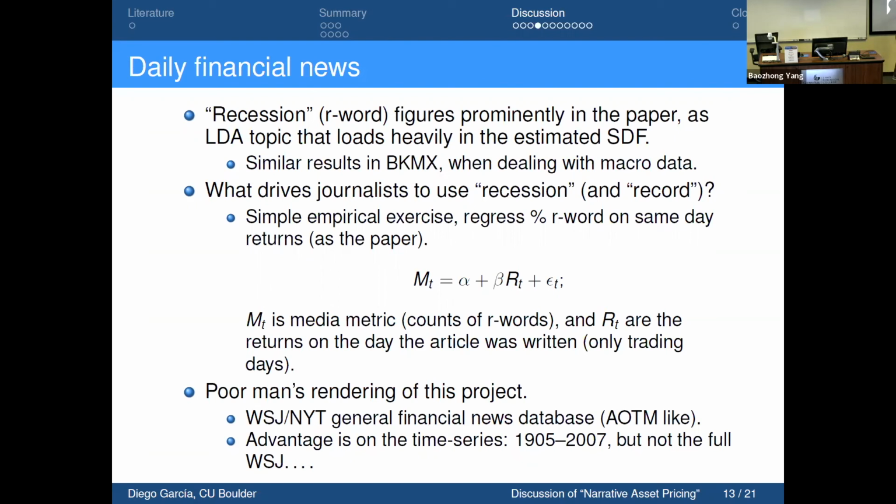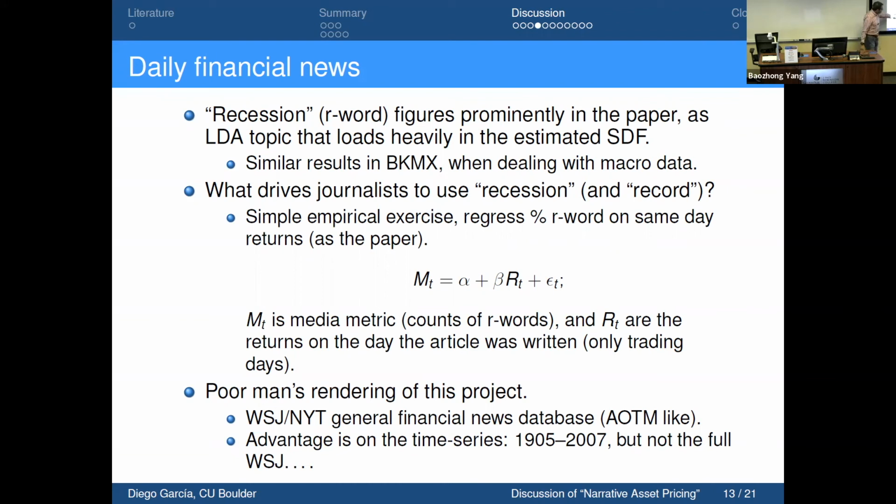We can think about what is the proportion of recession words on a given day in the Wall Street Journal as a function of what happened in the market, for example. This is actually a slightly different regression from what the authors are doing in the paper. In the paper, they're actually inverting it. They run regressions on content, where content is these LDA weights, which at some level is not very different from just counting how many times you say recession or you say record.